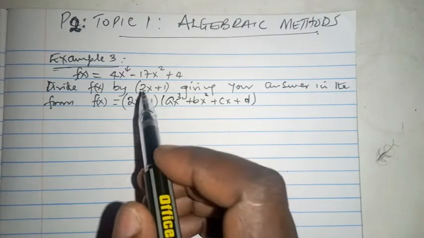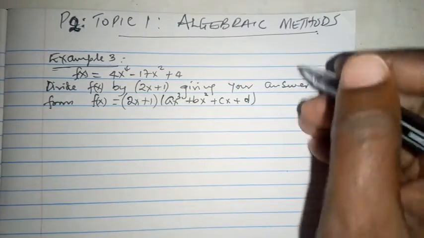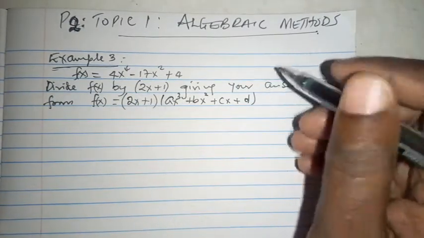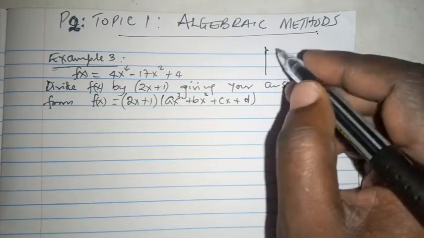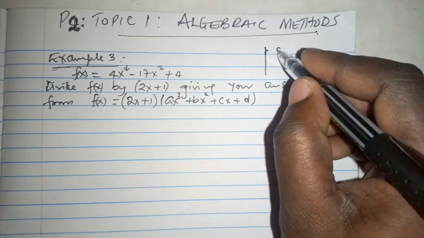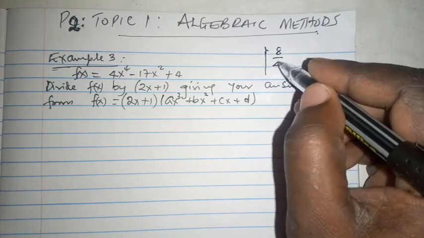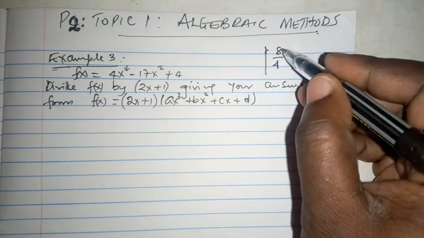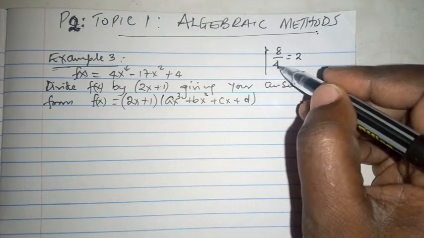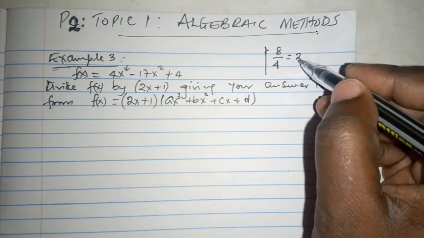Of course, when you divide by a number, it's just following this kind of understanding. So if you have 8 divided by 4, we know this is 2. This is f(x), this is the divisor, and this is the quotient.